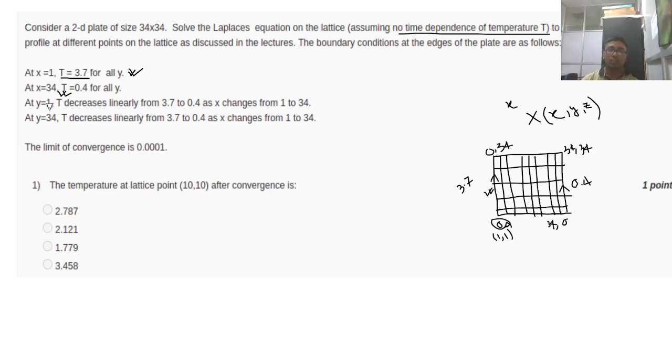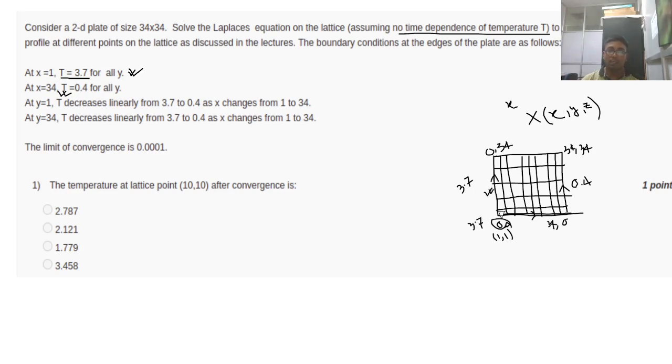At y equals 1, this line, for each one of the x you don't have one particular temperature. Instead, the temperature at x equals 1 is 3.7 initially.